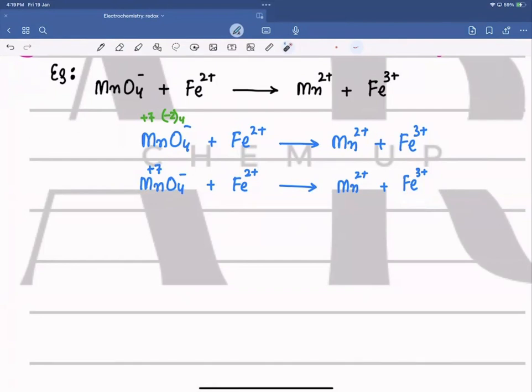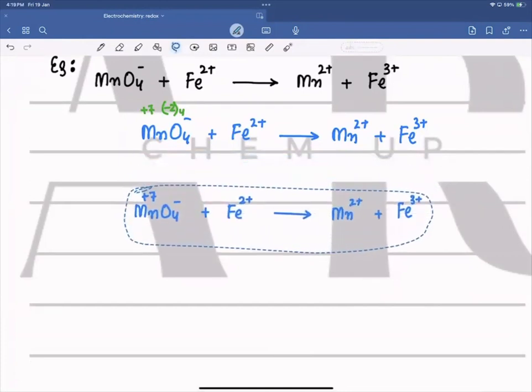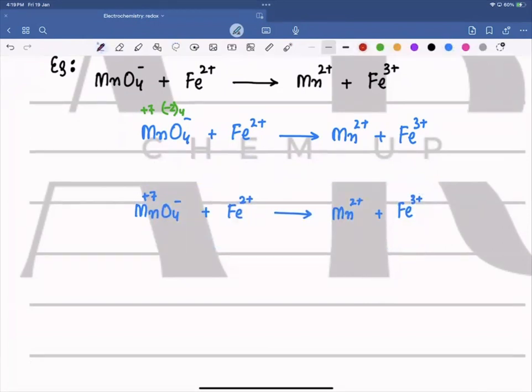Now, what is the other thing? You have to find the change in oxidation number, right? The change is always final minus initial. So here it is going to be +3 minus +2, so the change is +1.